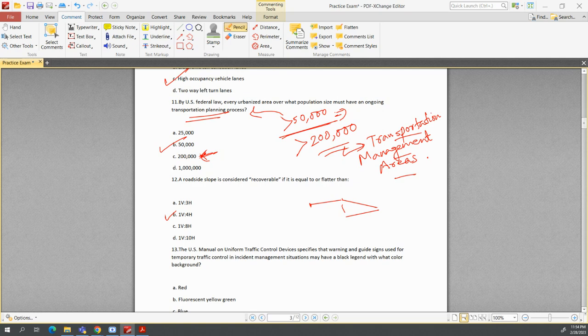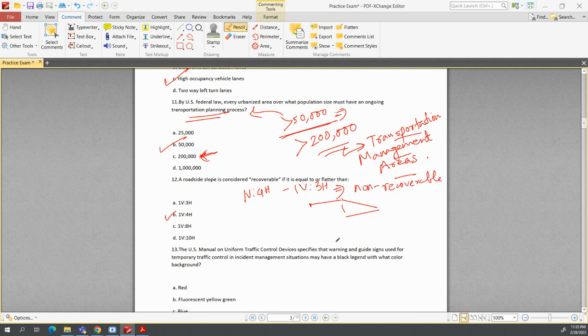That is recoverable, and you also need to remember this: 1 vertical to 4 horizontal. Between this and 1 vertical to 3 horizontal, this is non-recoverable.